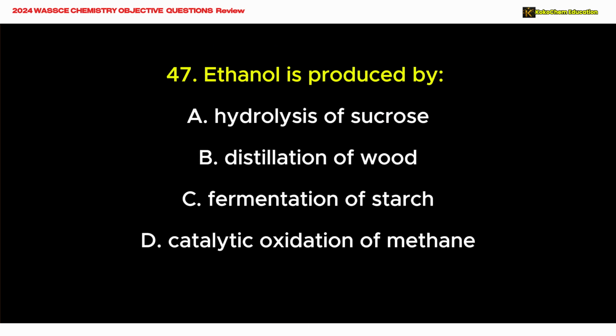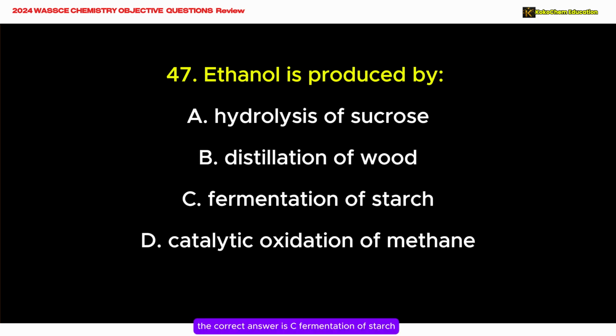47. Ethanol is produced by A. Hydrolysis of sucrose, B. Distillation of wood, C. Fermentation of starch, D. Catalytic oxidation of methane.